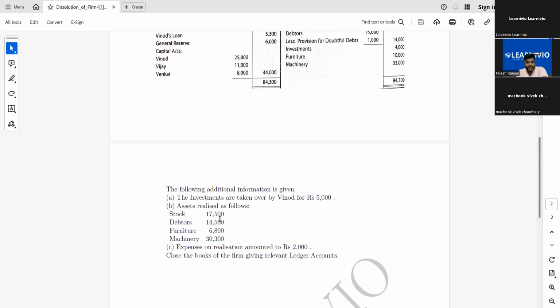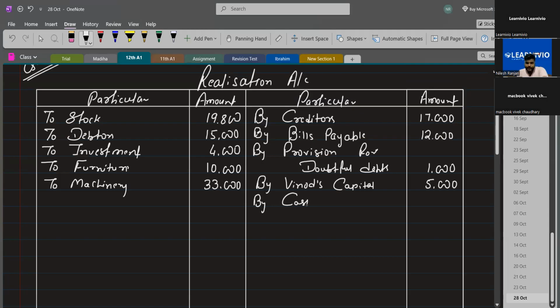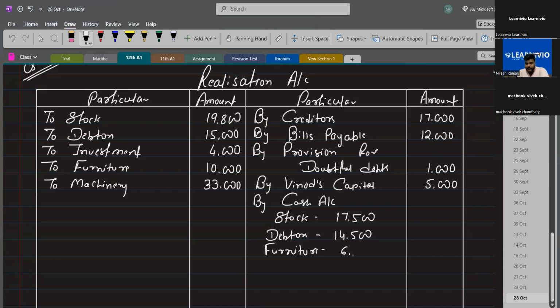After that, assets realized as follows. So by cash account, which assets are realized? Stock 17,500. Then debtors 14,500. Then furniture 6,800. And after that, machinery 30,300.